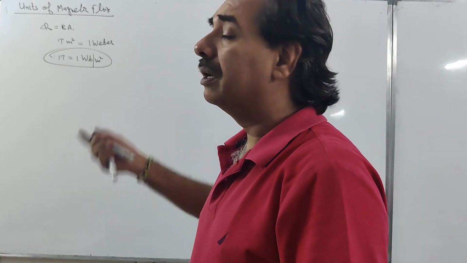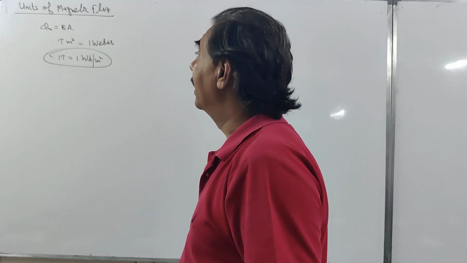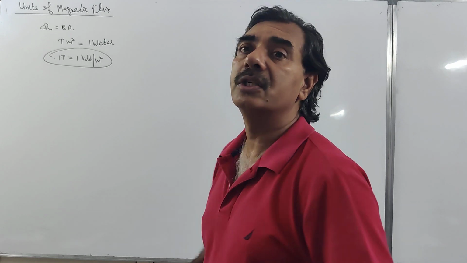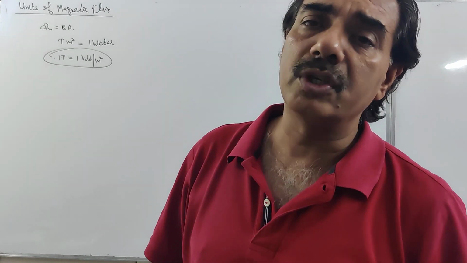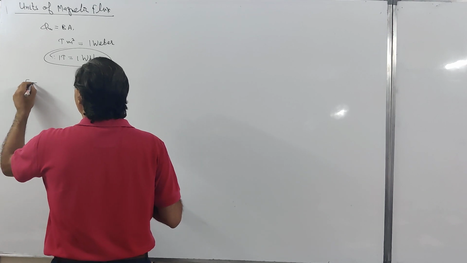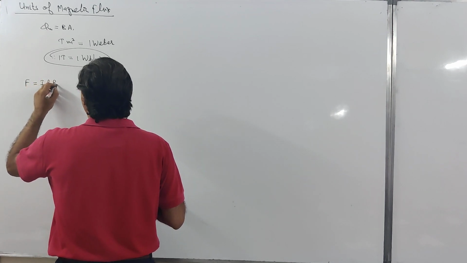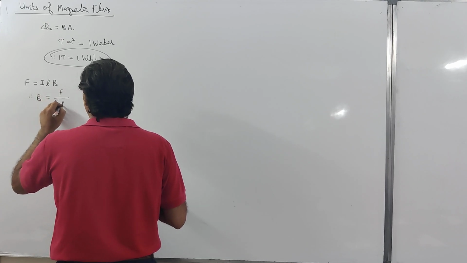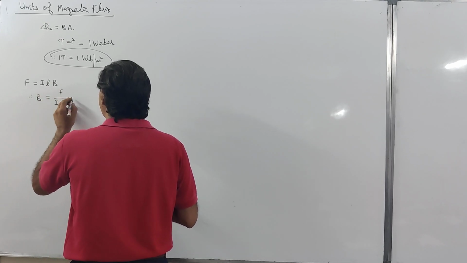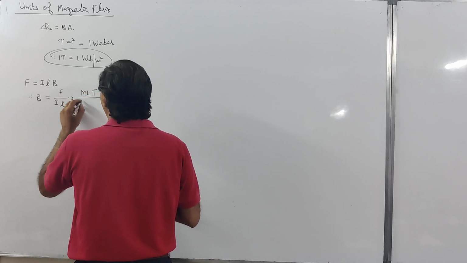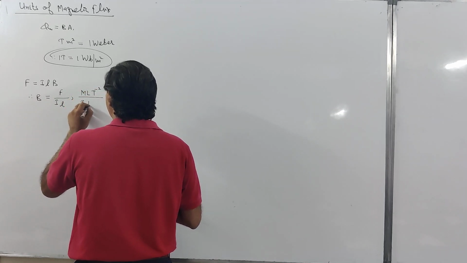You can even calculate the dimensional formula for magnetic flux. Now find B. Where will the dimensional formula of B come from? Children will say from the B law. No, keep a simple relation. F is equal to ILB. Therefore, B is F by I L. F is MLT minus 2, over IL.